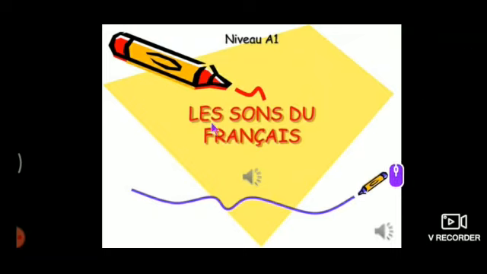Activity number 1 is alphabet, activity number 2 is leçon du français. On the left hand side page is the activity and the content which I give should come to the right side page. The homework which I give should be on the left side page, so that it will be related to each other and you will be able to practice it, and it will be easy for reading as well as understanding.